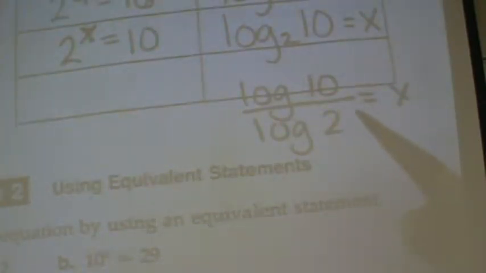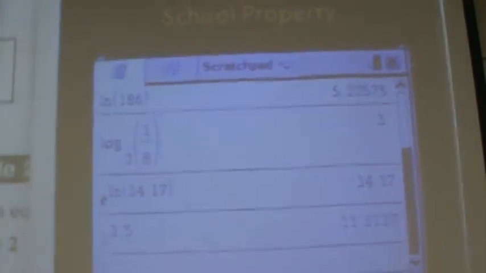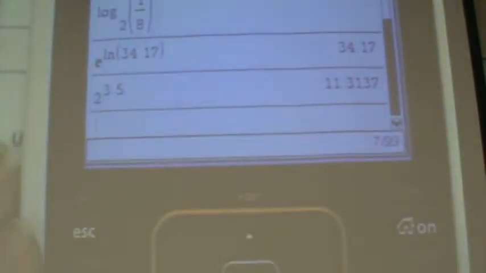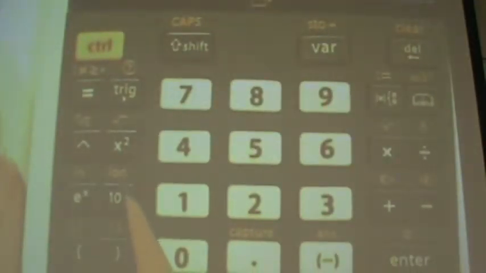Now, on these new cool calculators, I'm gonna show you how to type that in. So turn your calculator on. How do you type log of 10 base 2? Everyone see the log button? It's right there, but to access this log button, you have to hit control.